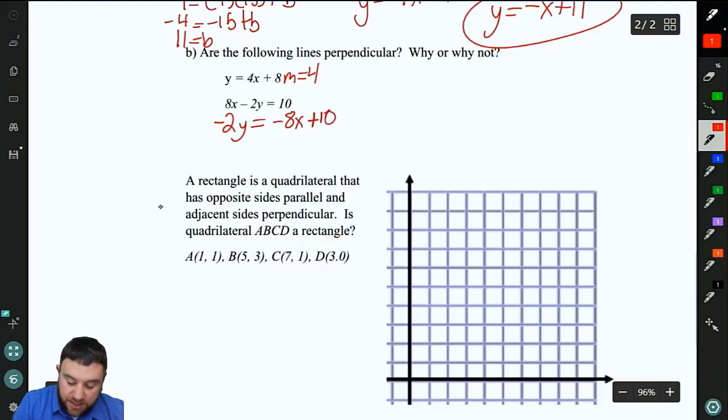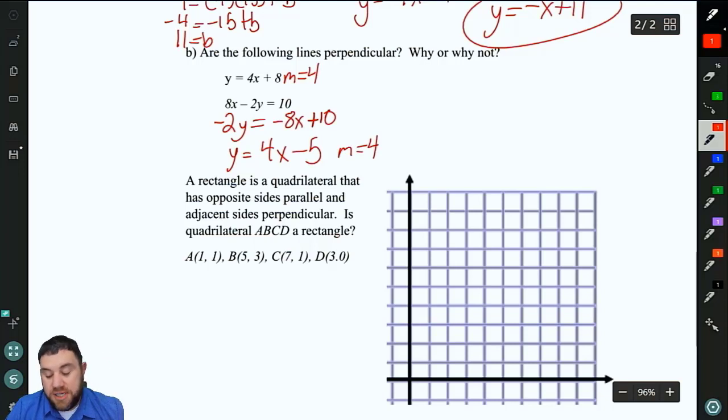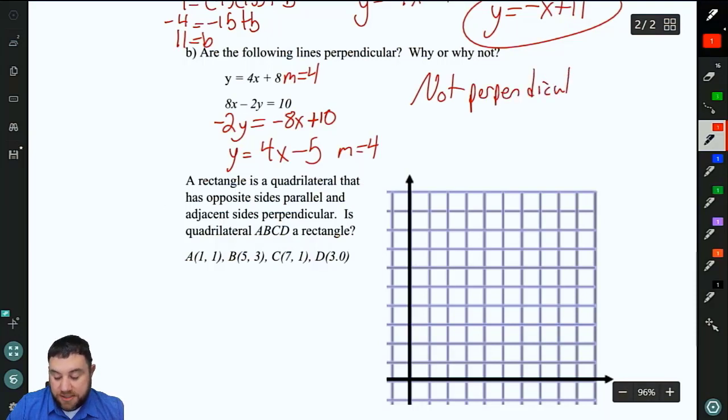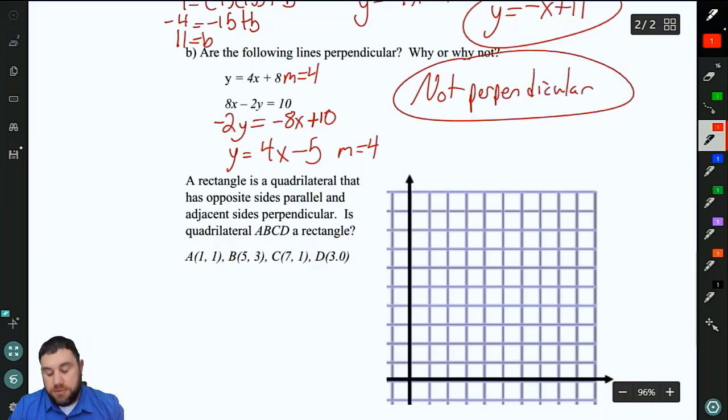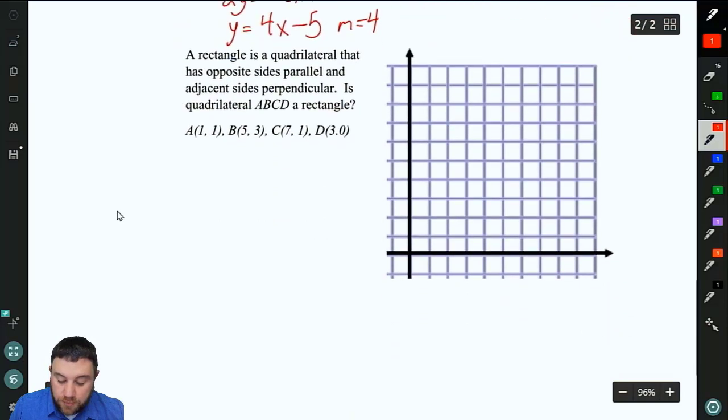Divide both sides by negative 2, we get y equals 4x minus 5. That slope is also 4. So these lines are not perpendicular, but they are parallel. That's not part of the question, but you should recognize that since their slopes are the same, they are parallel.